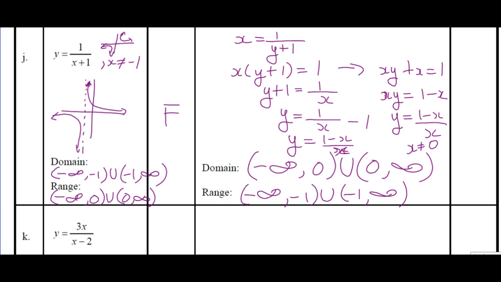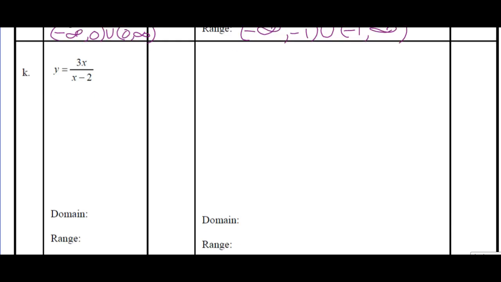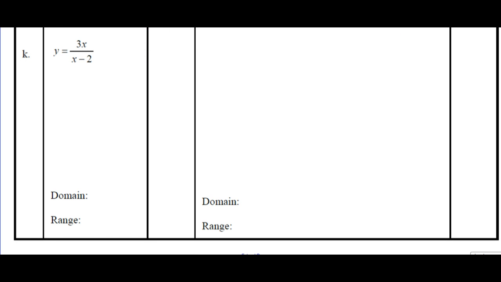Okay? And the domain of this is that x can't be 0, which was the restriction on the range. So this is also a function.